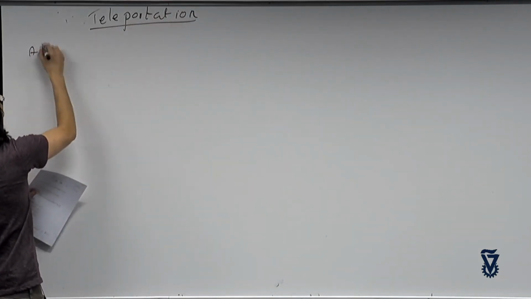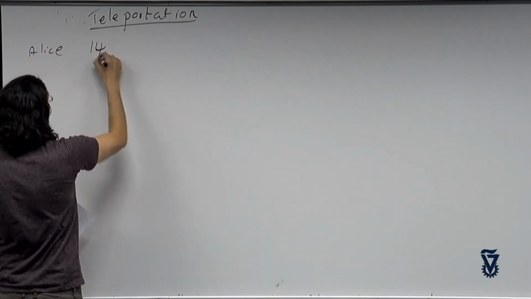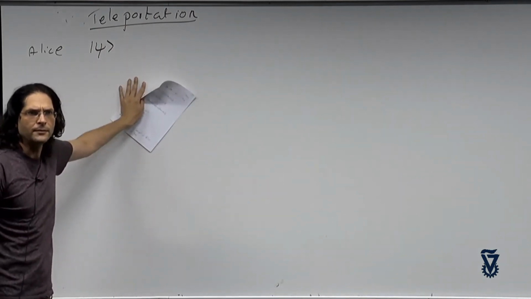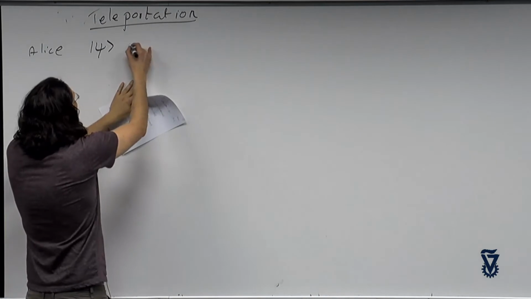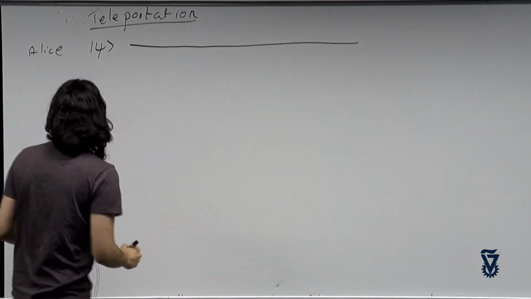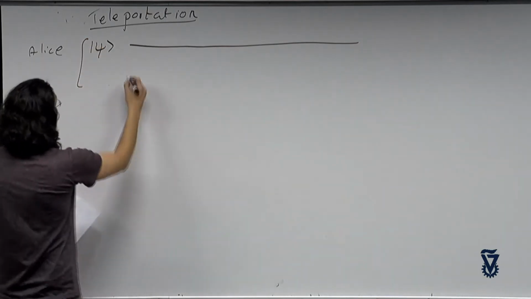So we have Alice here, and Alice, she has psi. This is the qubit that she wants to send. So this is going to be the line representing the qubit that she wants to send. Now Alice also has her half of the Bell pair.